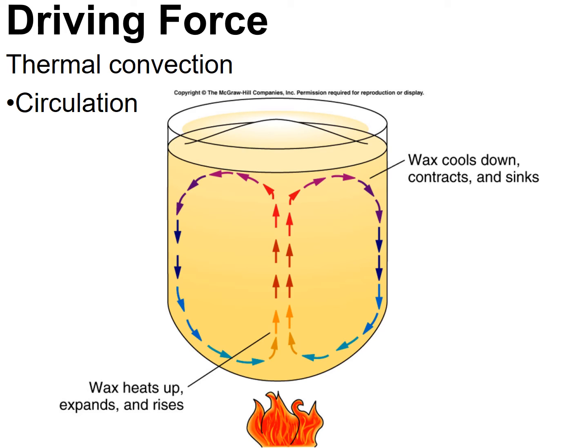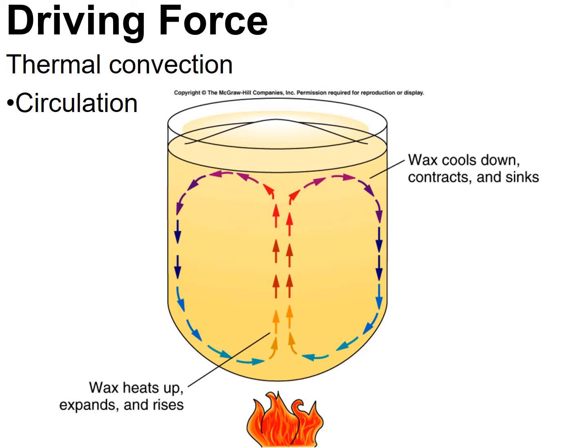The driving force for plate tectonics is thermal convection, circulation of thermal currents. As you can see, warm currents rise up, cold currents sink down. The warm currents are represented by the red arrows, cold currents by these blue arrows.